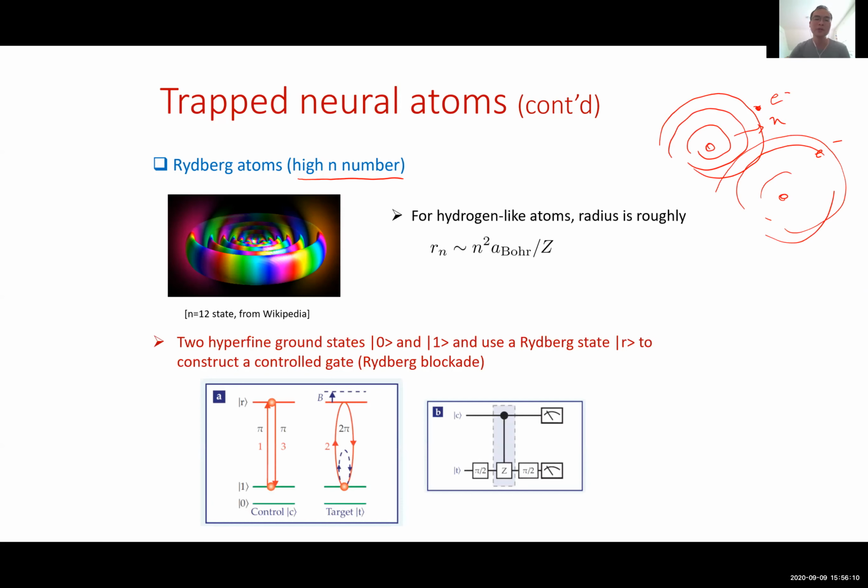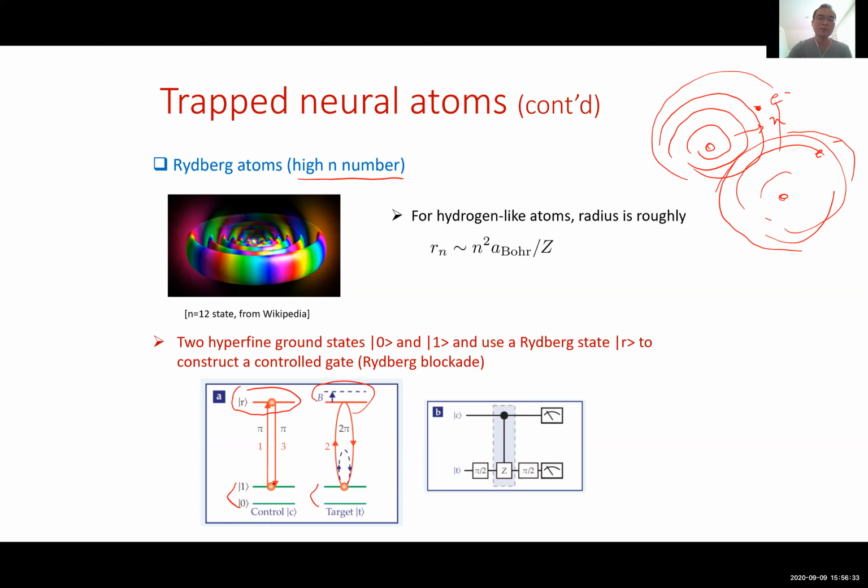Basically, they use two hyperfine levels to define their qubit, but they take advantage of the Rydberg atom having a really large orbital radius, so they overlap.